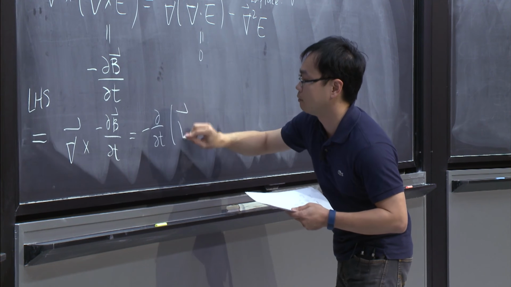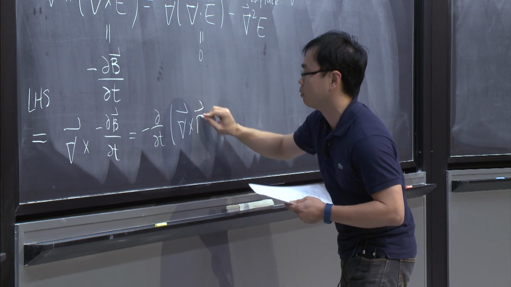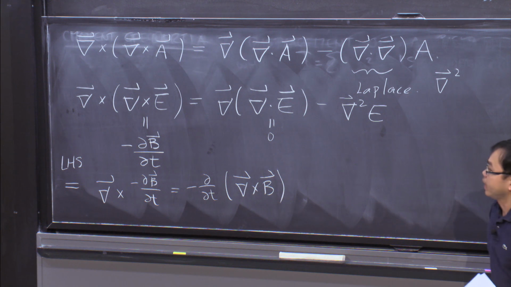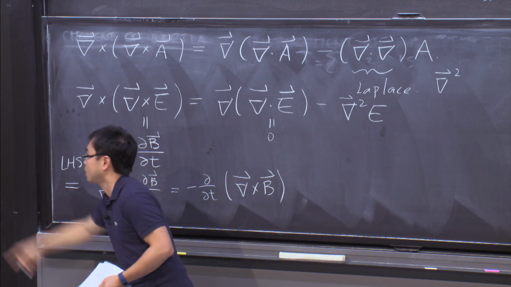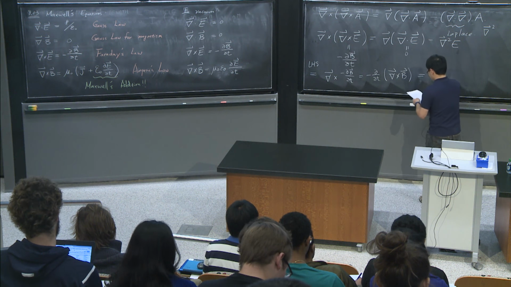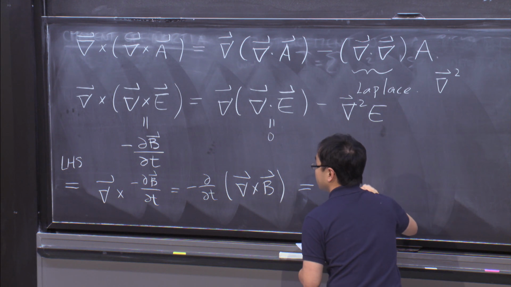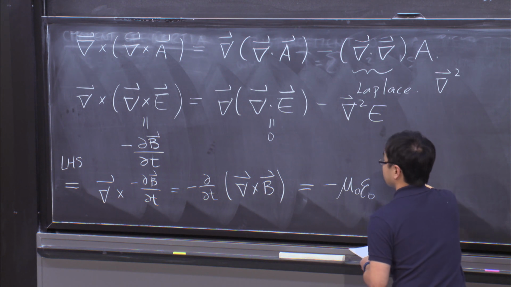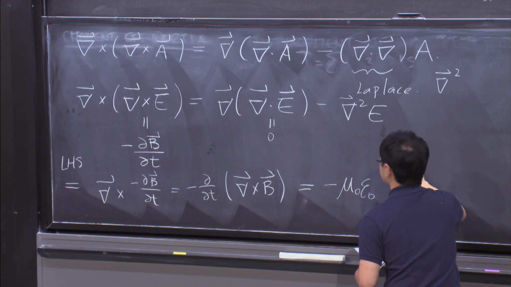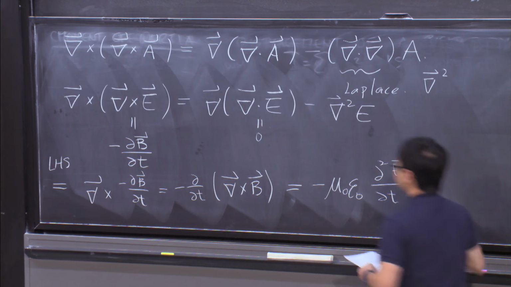Basically, you have curl of B, right? And according to Ampere's law, this will be equal to minus mu 0 epsilon 0 partial square E partial T.